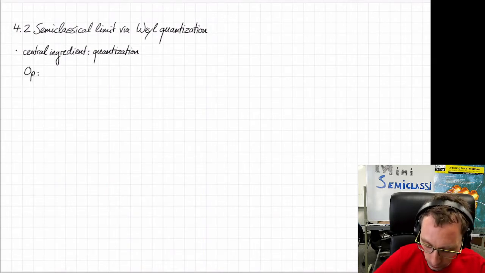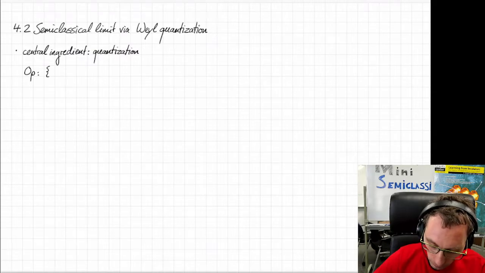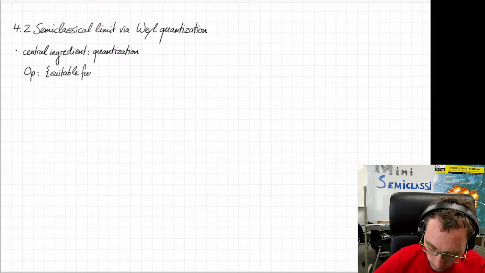I call it OP, and it maps suitable functions on phase space, which is R^2d, to operators on a Hilbert space.